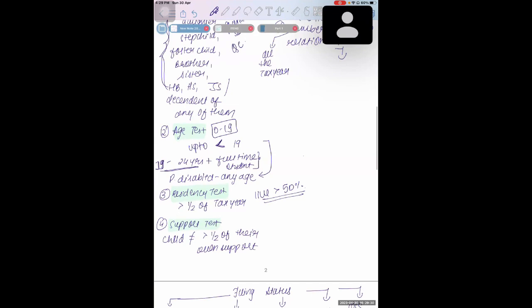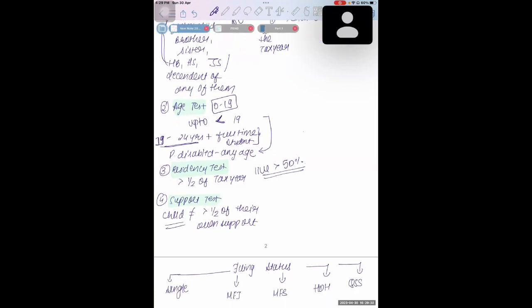For the support test, the child should not provide more than 50% of their own support. Means what? It might happen the child is also earning some income.